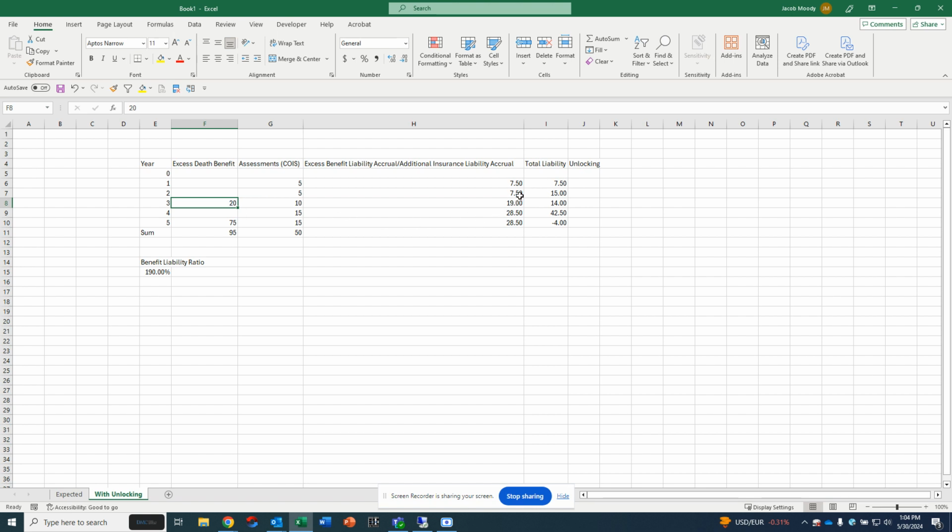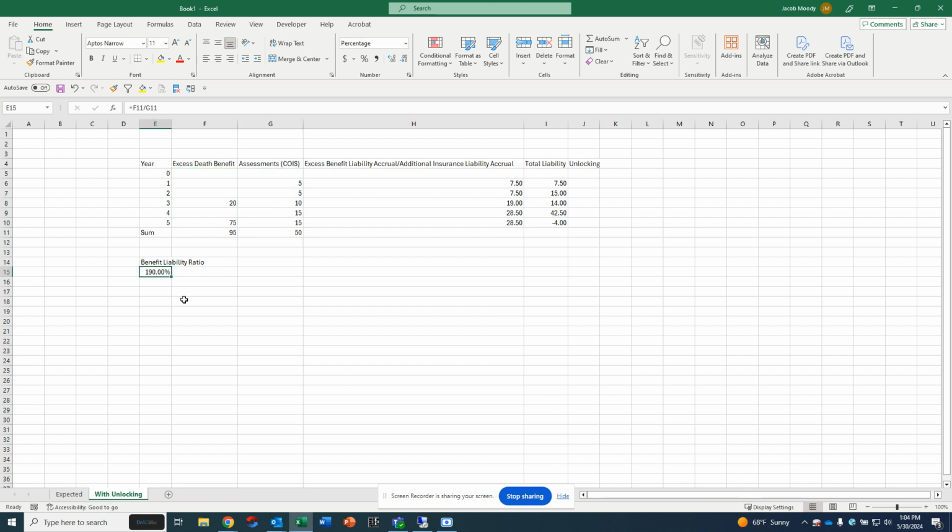So this is what you need to do. You have your total liability for the first 2 years that appears the same as the first 2 years. And then the next time you need to redo the sum from time zero of your excess death benefits and your COIs.